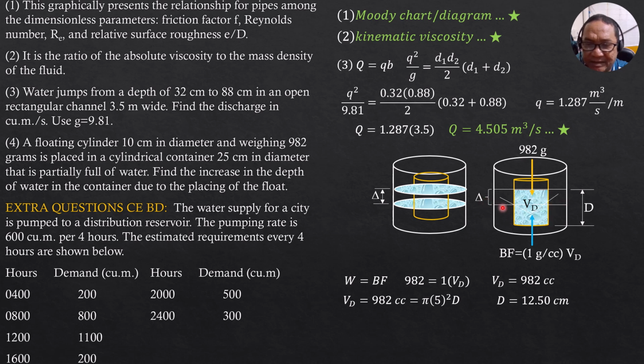original level of water, but inside the floating cylinder, and that volume is equal to pi 5 square times quantity draft minus delta.